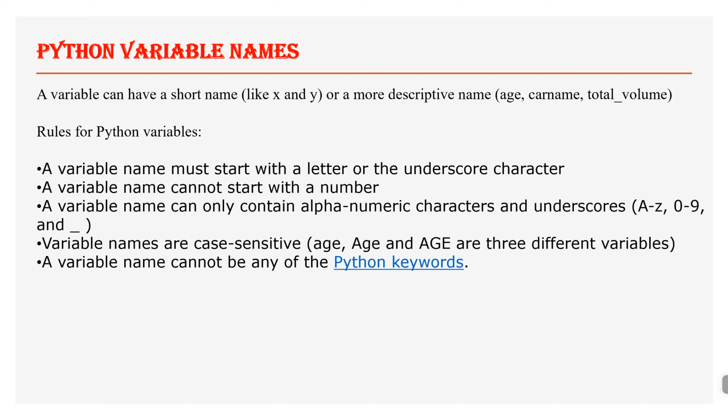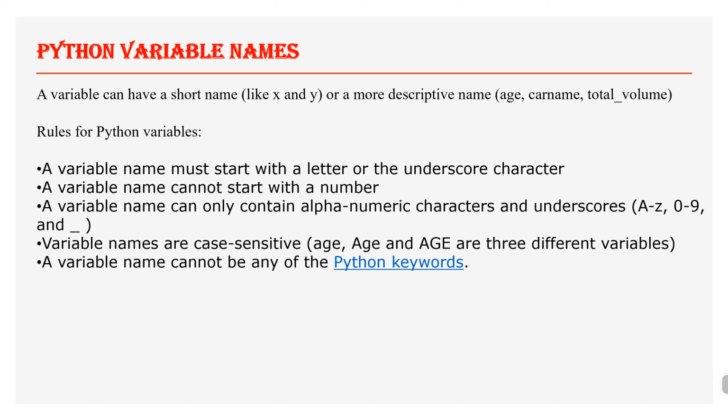It will not consider any variable which begins with a number. And a variable name should contain alphanumeric characters: A to Z, 0 to 9 and underscore. That's all. No other special characters are considered.